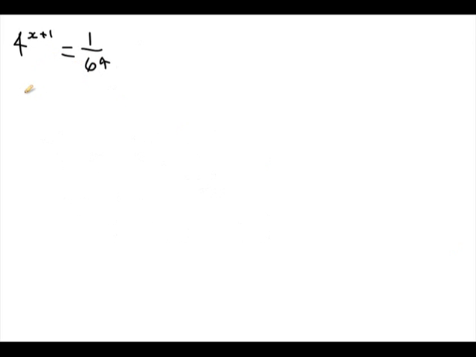So here, this can be 4 to the power of x plus 1 equal 1 over 64. 4 times 4 is 16, 4 times 16 is 64. So this is 1 over 4 to the power of 3.